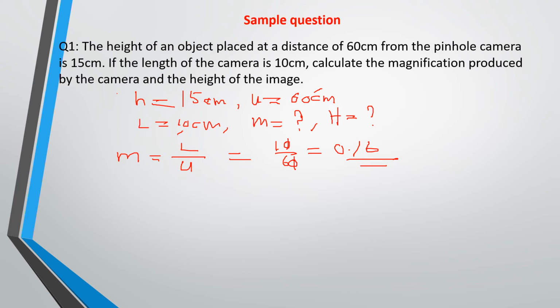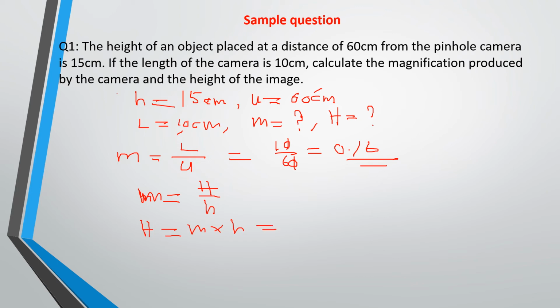Then it says calculate the height of the image. We know that magnification is equal to image height over object height. Which means that image height will be equal to magnification times object height.